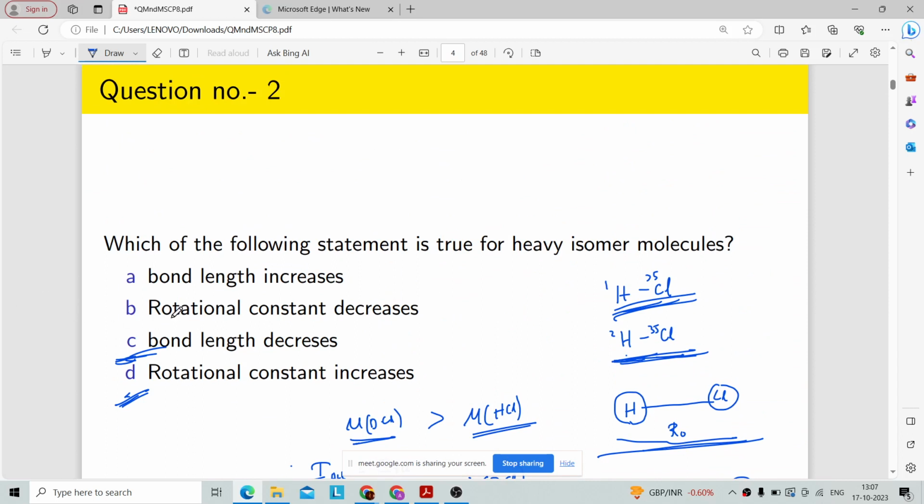Sorry, this won't be rotational constant. This is force constant. We are considering vibrational motion.